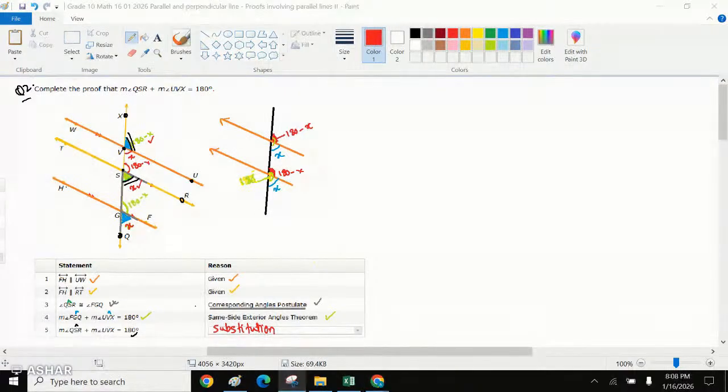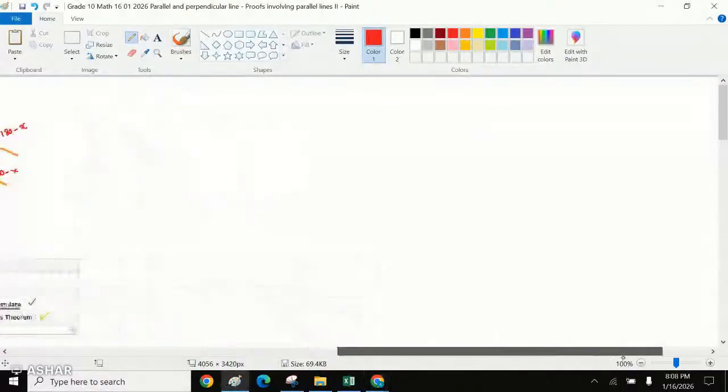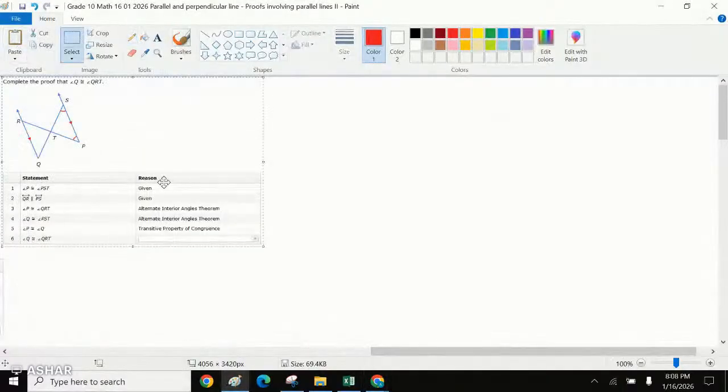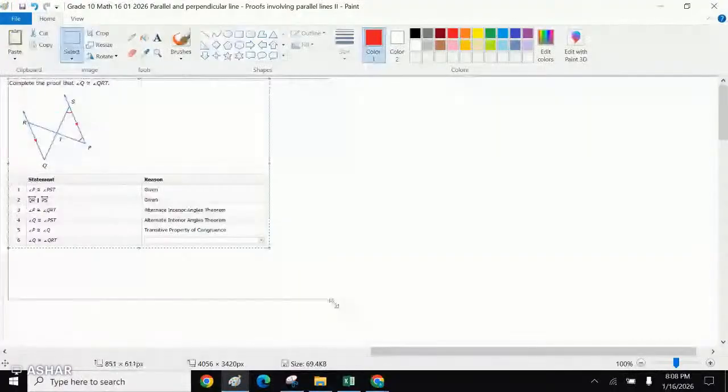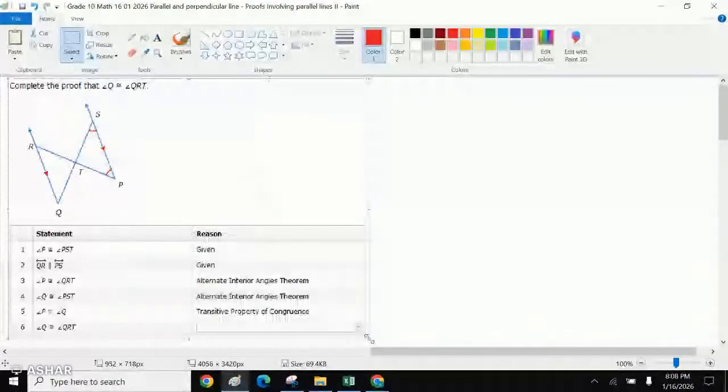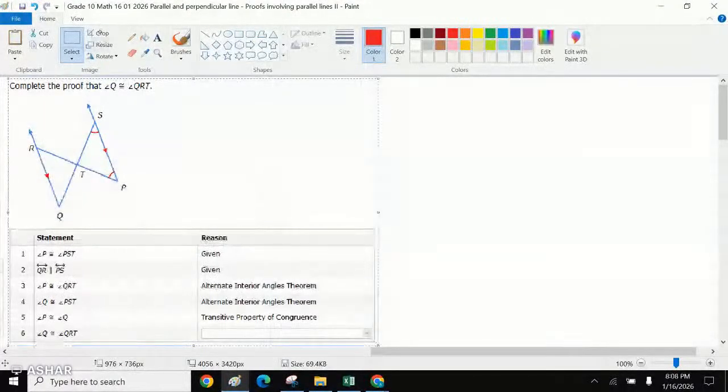Okay, let's just do it over here. Question number 3. And this is the given information for question number 3. What they are saying is we have two pairs of parallel lines. I'll just re-highlight these parallel lines over here.